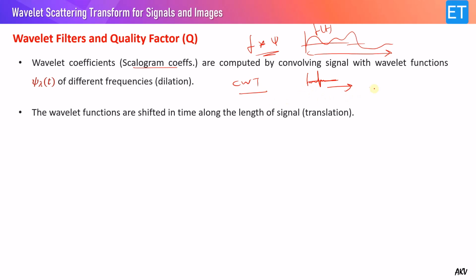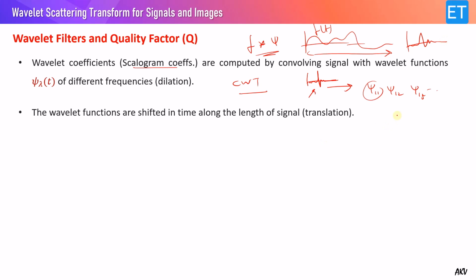And as I have said, we have different wavelets, psi 1 1, psi 1 2, psi 1 3, like that. What does it mean? It means psi 1 1 is this wavelet, having, let's say, the highest frequency, then psi 1 2 will be stretched. It is further stretched, so it has a lower frequency.